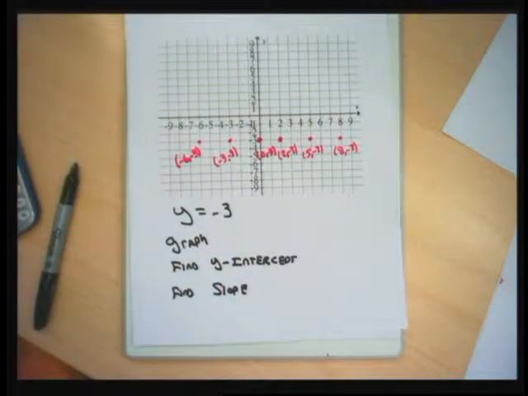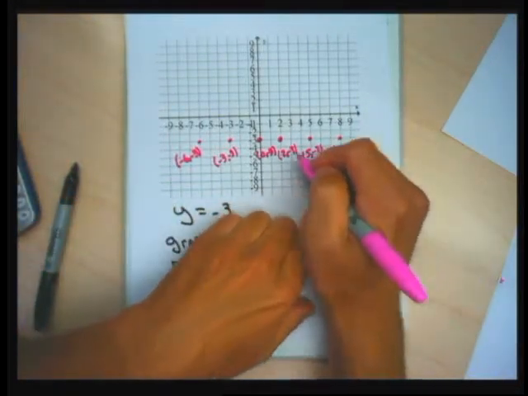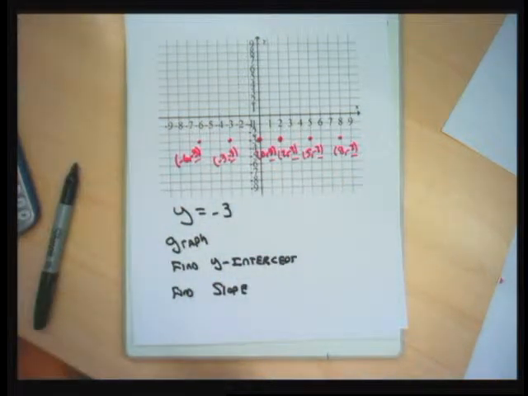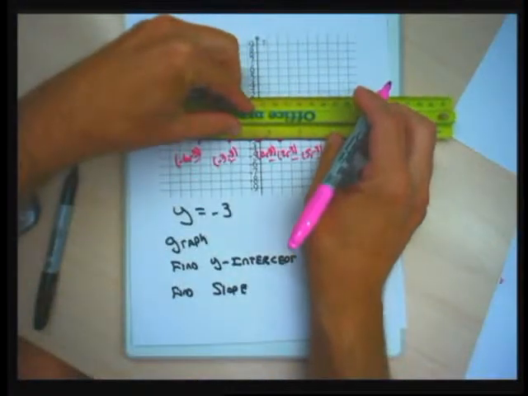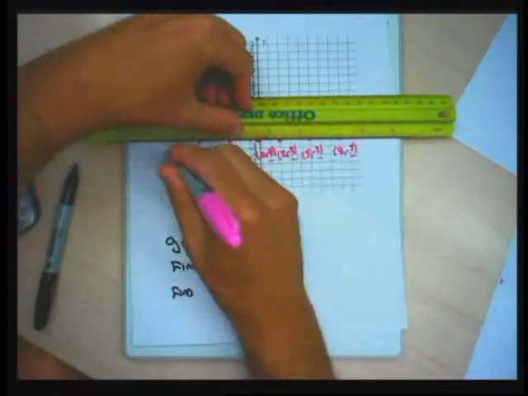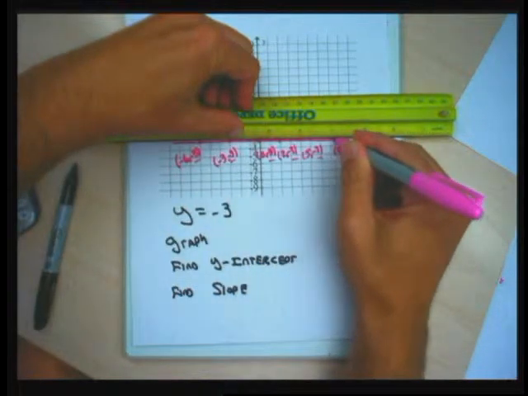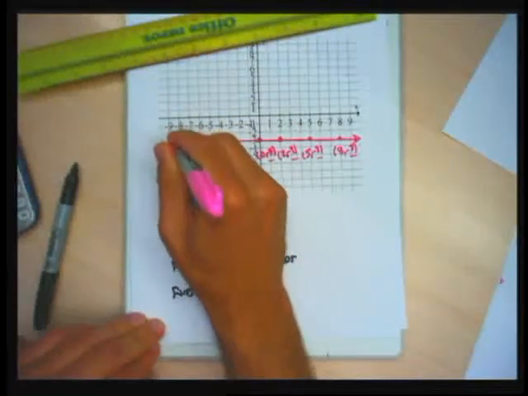I did way more points than I need, but all of these have to be on the line y equals negative 3 because every single one of them has a y of negative 3. So my graph of y equals negative 3 is going to be a horizontal line. When you only have a y, your graph is always horizontal, parallel to the x-axis. So this is an adequate graph.